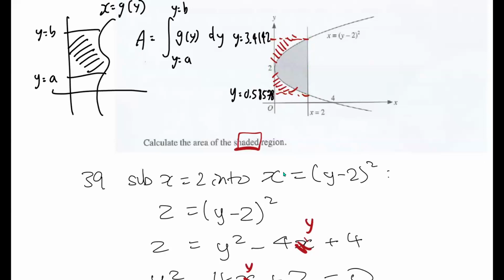What we just found was the area of the red region. We want the shaded region. How do we find the shaded region? What minus what?